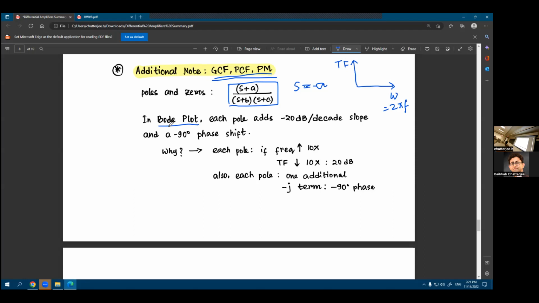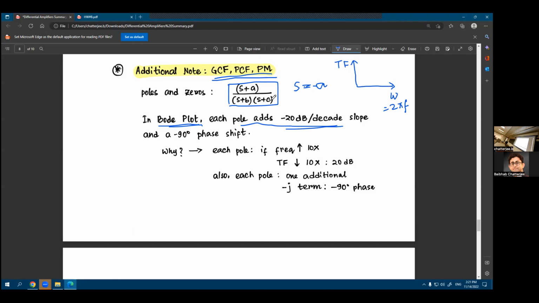Now in a Bode plot, each pole adds an additional 20 dB per decade on the slope. So if you have one pole, it's minus 20 dB per decade. If you have 2 poles at the same location, let's just assume that B is equal to C, so you have 2 poles at the same location, then instead of 20 dB per decade from that particular frequency, you will have a slope of 40 dB per decade, right?